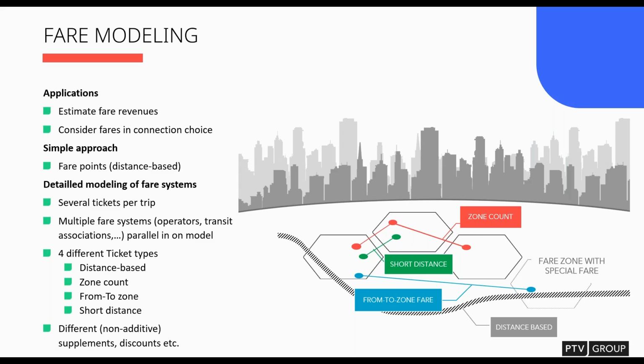You can go from a very simple approach, distance based, to really detailed, with multiple tickets and multiple fare systems. There are four different ticket types: distance based, zone based, from-to zone, or short distance. There are also other things you can do as far as discounting and supplementing, so you can really represent a lot of complex fares within the system.